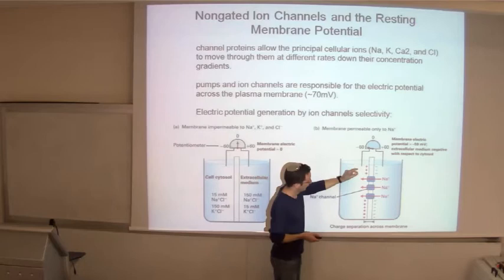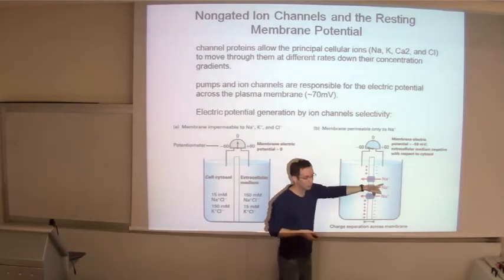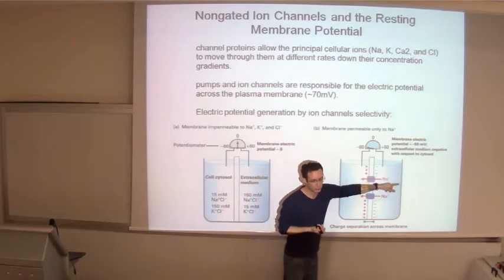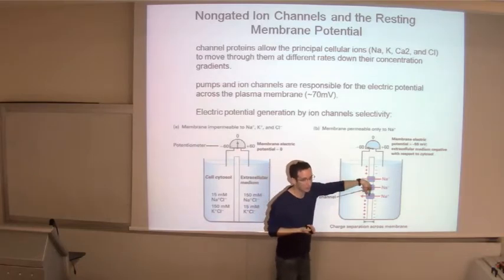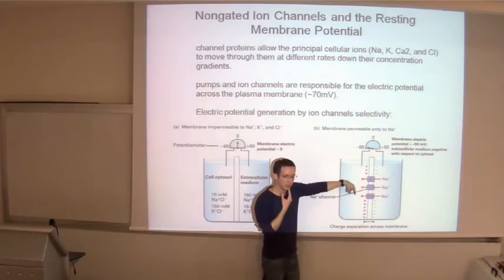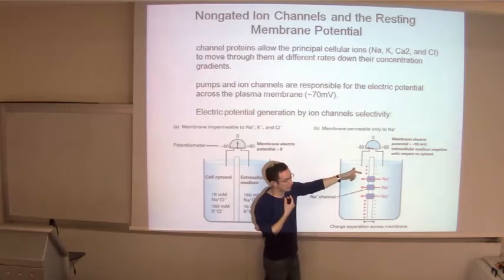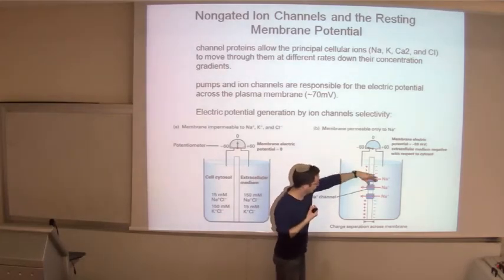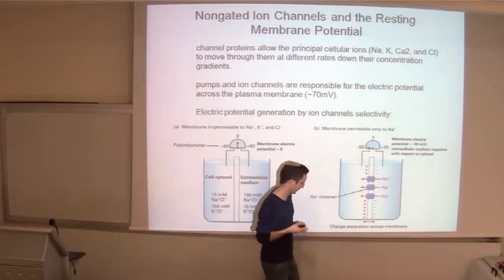So it's enough to open a passive but selective channel for sodium, for instance, and then what would happen? The sodium would start to flow down its concentration gradient, would accumulate a positive charge in the left compartment, and would accumulate negative charge in the right compartment. You then have a potential, and the potentiometer will show negative something, minus 60 millivolts. Never mind.